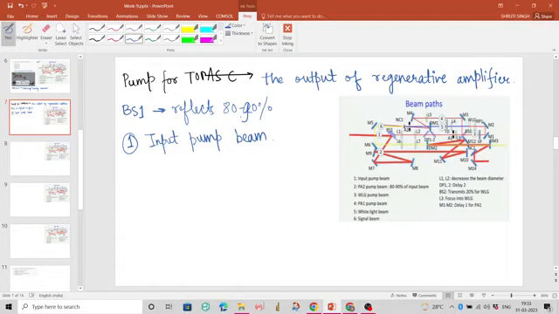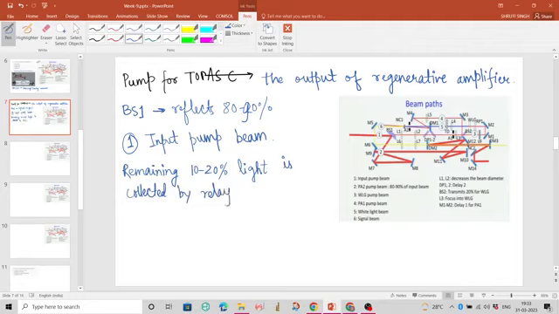So BS1 reflects 80 to 90%, and the remaining 10% or 20% of the light is collected by these two relay lenses, L1 and L2.